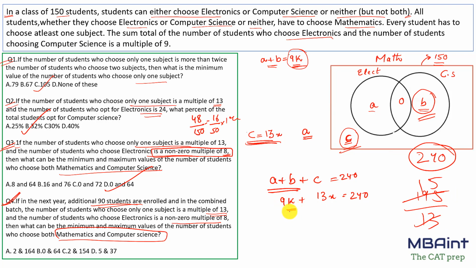So one solution is 9 into 5 plus 13 into 15. This equals 240. Now what could be the other multiple? Can we have another integral solution? Now how does it work?